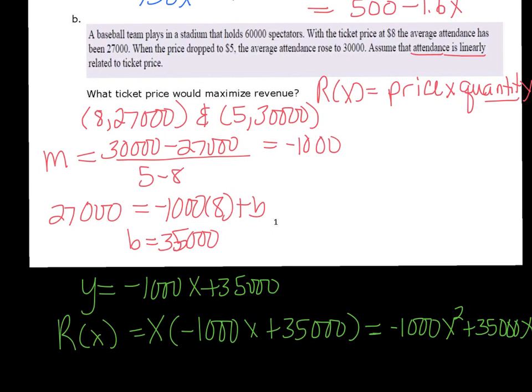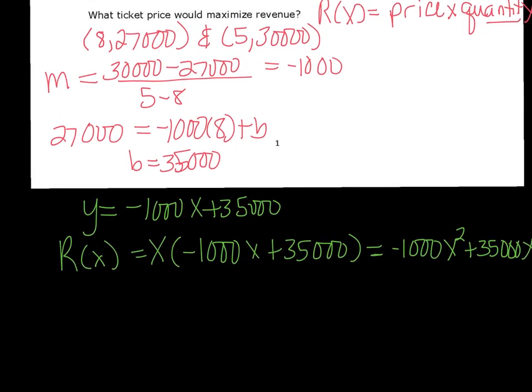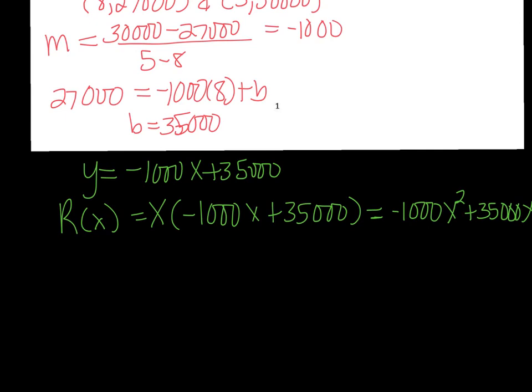From here, we would find the derivative of the revenue function, which is negative 2,000x plus 35,000.